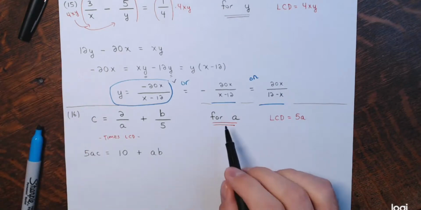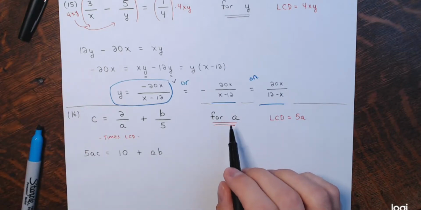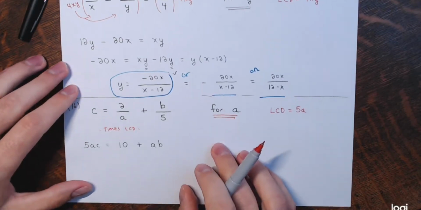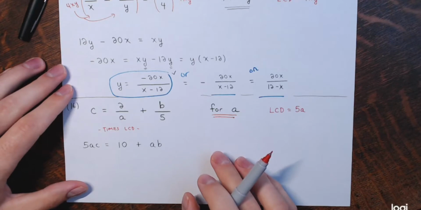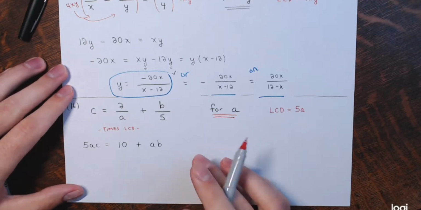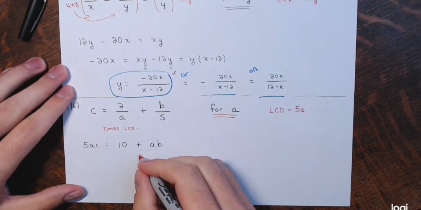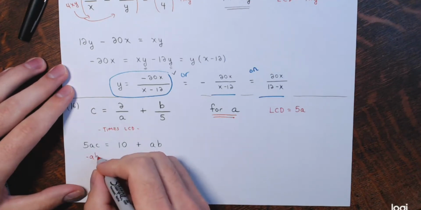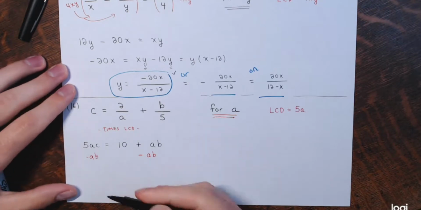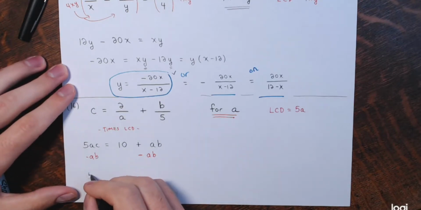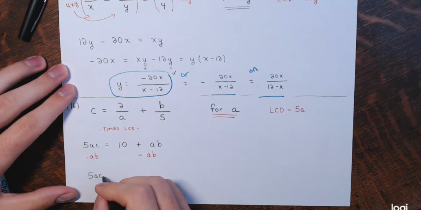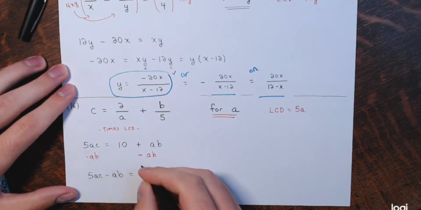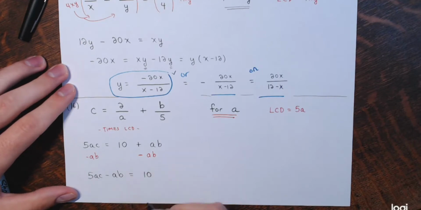Once again, we're solving for A, so I would like all the terms with A as a factor on one side and all the terms without A as a factor on the other side. I can do that by subtracting this AB term from both sides. So now I see 5AC minus AB on one side equals, and then just 10 on the other.